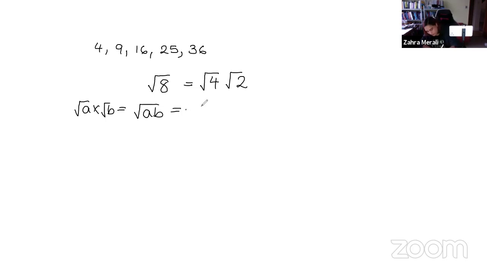We should always write it like this as well. And then we say, what's the square root of 4? Well, we know that's 2. So we get 2 root 2. So you find the largest square factor of the number. And if you put it first, it just looks nicer. So writing 2 root 2 is the same as root 2 times 2, which is the same thing. It just looks nicer.